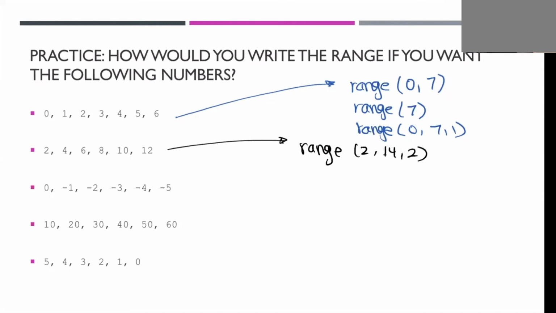Is there more than one solution for this? Is there another way that we could write this? If you guys are just being too shy and thinking no, then you're right. There is no other way that you could potentially write this.